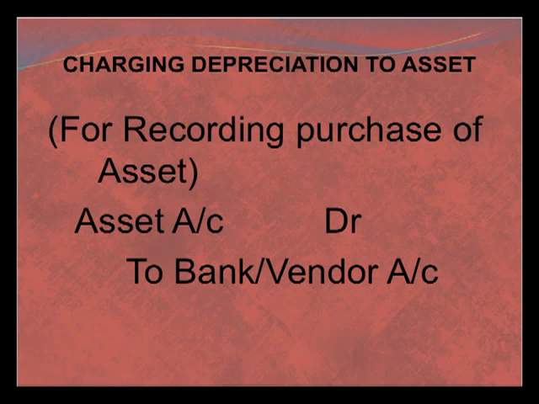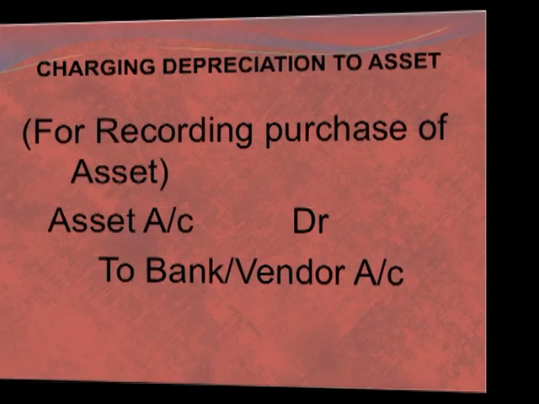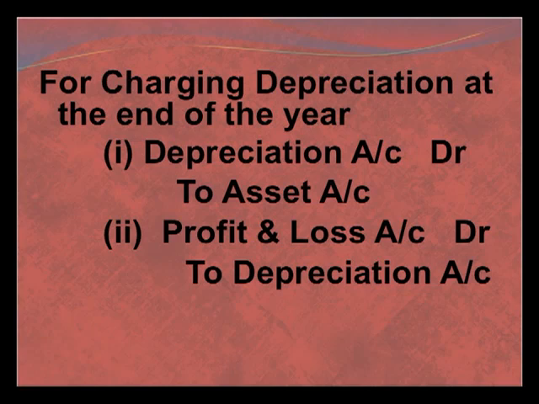So what is clear is that under the first method, when we directly charge the depreciation to asset account, first on purchase we pass the entry asset account debit to bank or vendor. Then at the end of the year, when we transfer the amount of depreciation, we pass the entry depreciation account debit to asset account, and then this depreciation is transferred to profit and loss account.